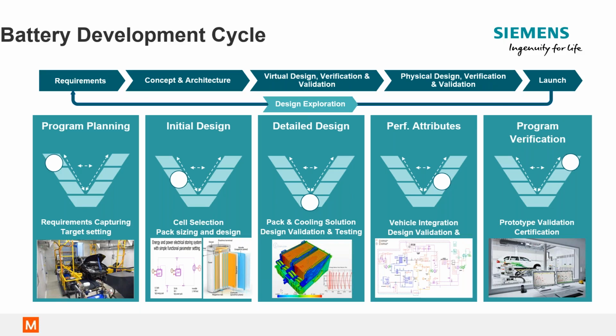Once I have my cell design, I can do a more detailed analysis to deal with pack complexity, which includes not only electrochemical but thermal as well as electromagnetism, as there are bus bars and you need to account for the ohmic heat. So that detailed model is necessary to look at different attributes.